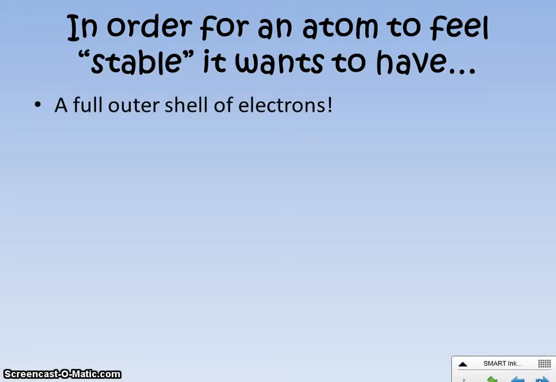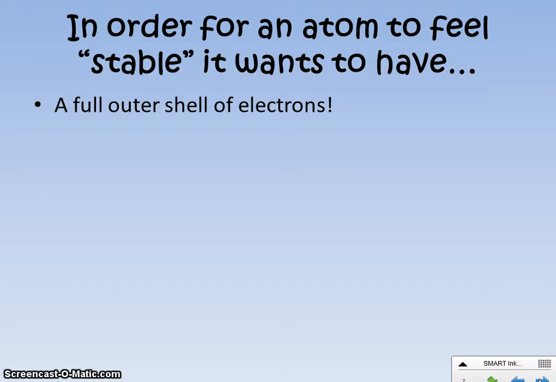If you remember earlier in the year, we talked a lot about valence electrons. In the first shell of an atom, you can fit 2 electrons. The second one, you can fit 8. And the third one, you can also fit 8. And if that outer shell is full, then that is a very stable and happy atom.